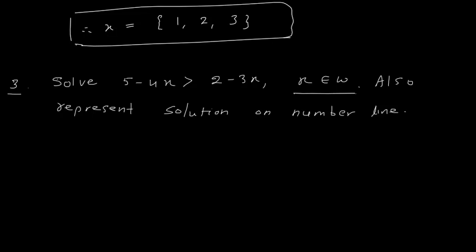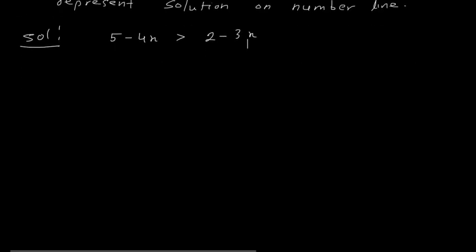Okay, so in solution I will begin. I will write 5 minus 4x is greater than 2 minus 3x. Now what we do, I want x to be more on this side, so let us bring this minus 3x on this side by adding it.